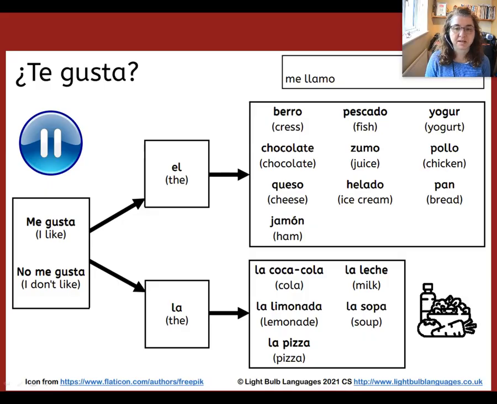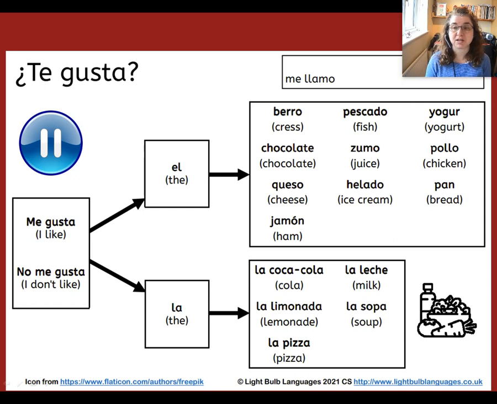Now, here's a sentence builder with all that information on it. Over on the left-hand side, we have me gusta, I like, and no me gusta, I don't like. Then if you follow the arrows, you go to either el for the masculine or la for the feminine. And then you've got all the masculine foods and all the feminine foods.